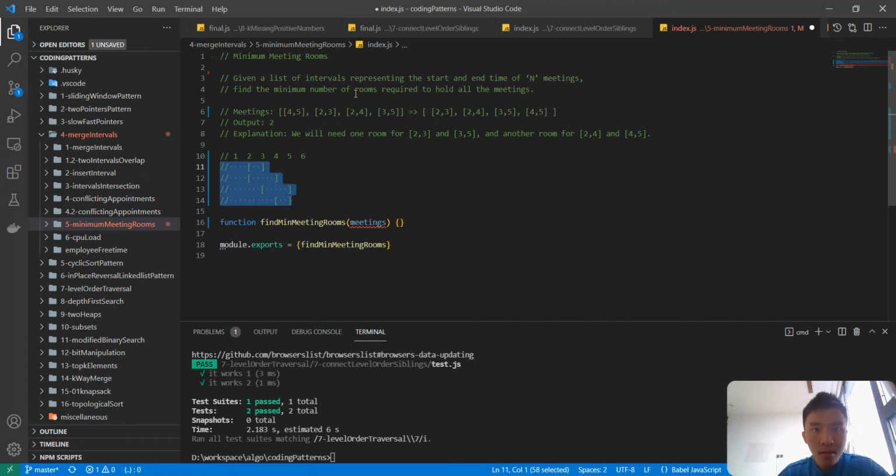So come back to our original question. What is the minimum number of rooms required to hold all the meetings? Right, we have 4 meetings.